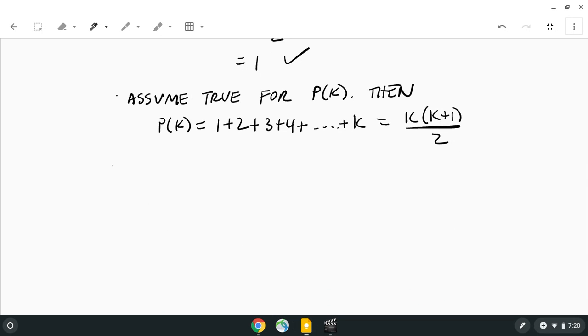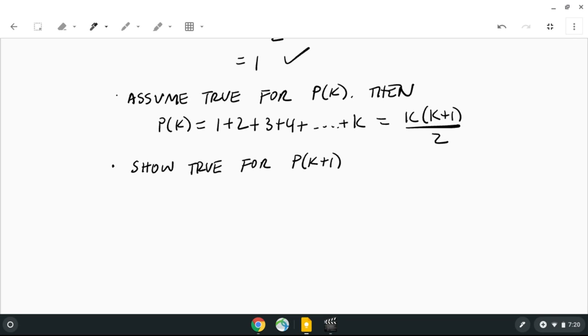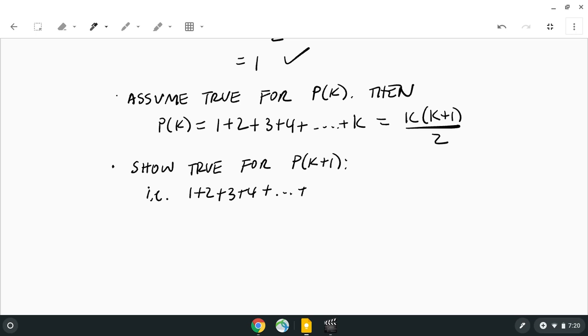Now what I need to do is show true for P of k plus 1. That is 1 plus 2 plus 3 plus 4 plus k plus 1.